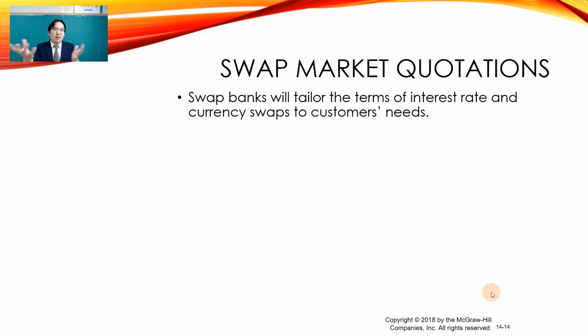Can you make a swap contract within a millisecond and then buy and sell it within 1/1,000th of a second? Can you do that?